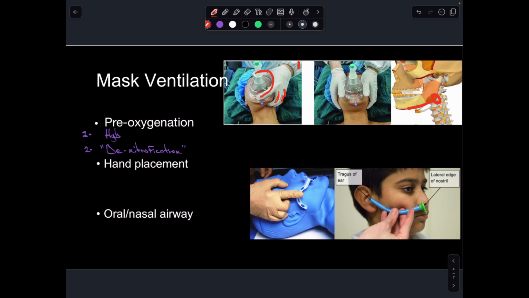After you get this seal created, a few tips that I would definitely include are extending this arm. This arm goes back up here. You want to extend that arm, and try not to be bent at the elbow and really hunched over the patient. The terminology that Dr. Toom used that I love is extending that arm like you're water skiing.